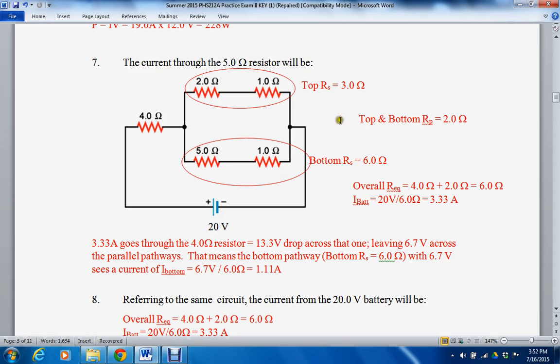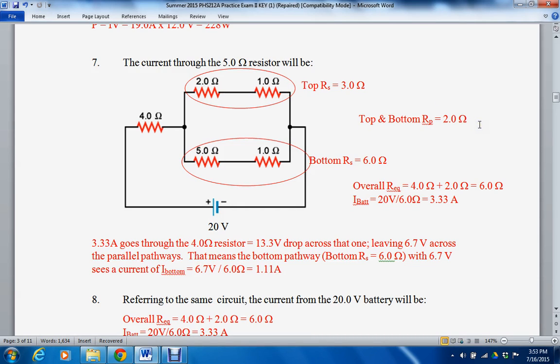The top series resistance here is just adding them together, so 3 ohms up top, 6 ohms down at the bottom. Then I'll figure out the parallel resistance: 1 over R equals 1 over 3 plus 1 over 6, and then I invert that, and I get the parallel resistance for those two pathways to be 2 ohms.